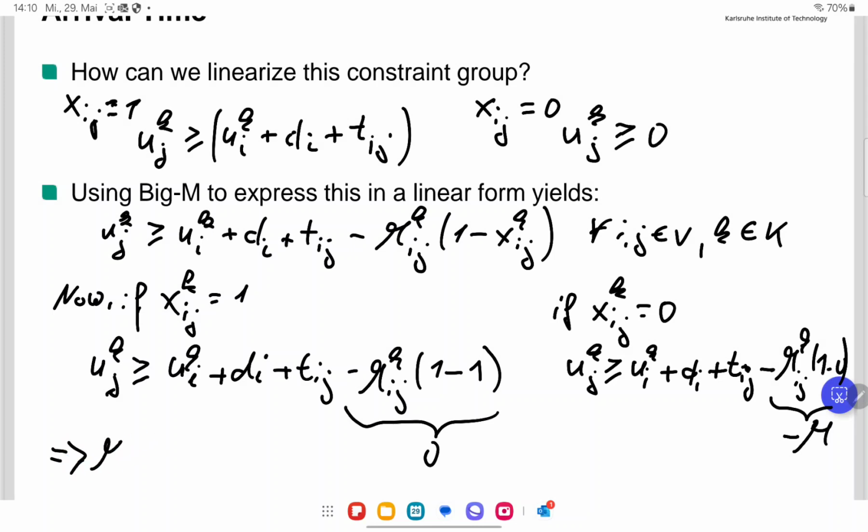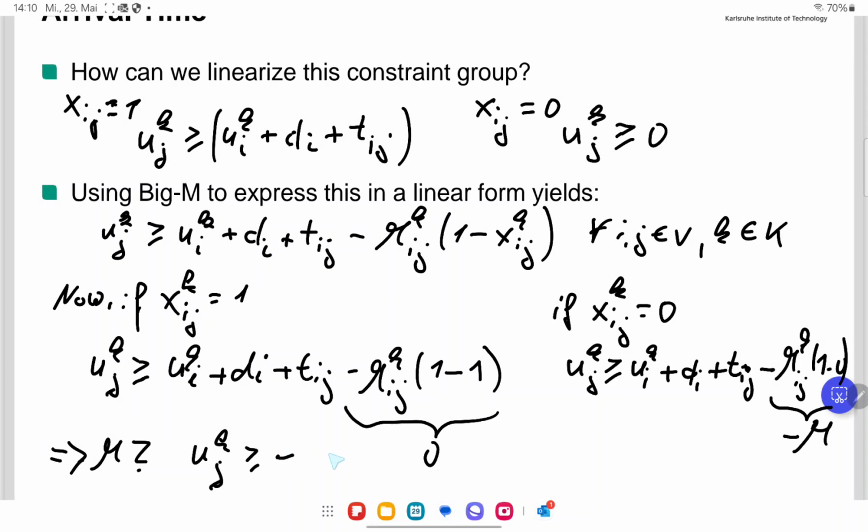Okay, and the question is now how to choose M, right? So what we could do is simply to choose a really huge number for M. Okay, so whatever, let's say 1000 or something like this. So that would mean we have here a u_j that is some kind of value minus a huge number.